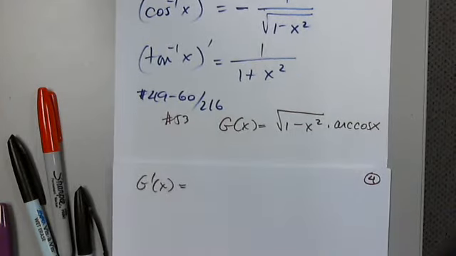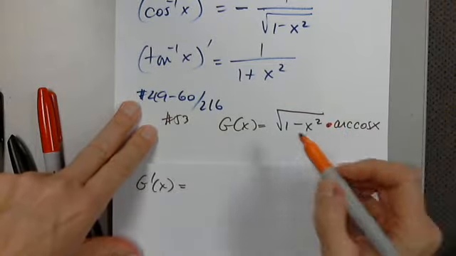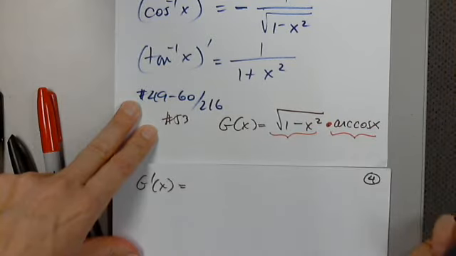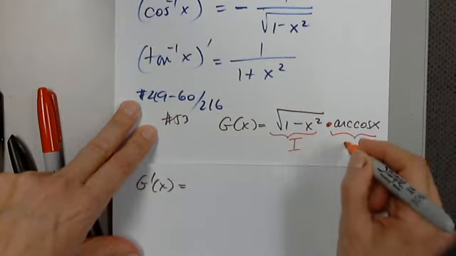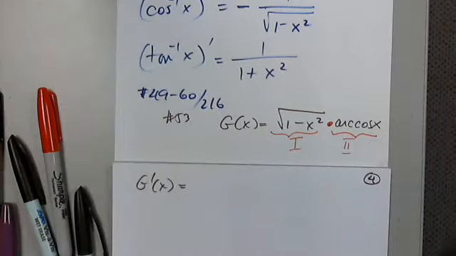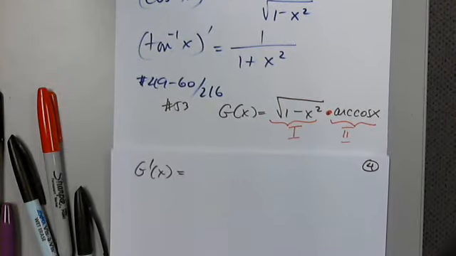How do I determine g prime of x? I look at the function first and I say, I see this function is a product of two functions. Here is function 1 and here's function 2. So I have to apply the product rule. If you like the order I presented the product rule in, fine. If not, use your own method.